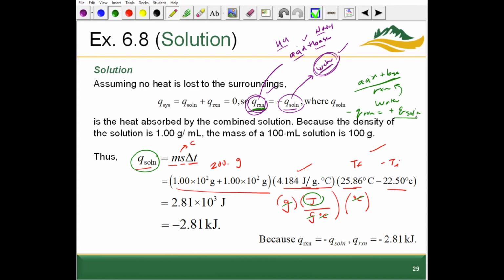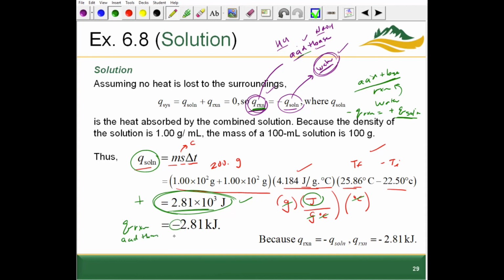Right now, we just went through and solved for the heat or the energy of our solution in joules. Because the heat of the solution is this many joules, it absorbed this many joules from the acid and base that are reacting.